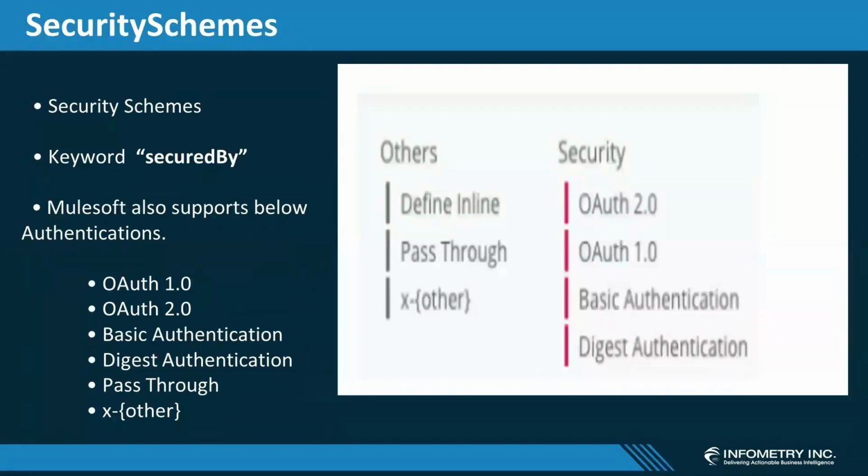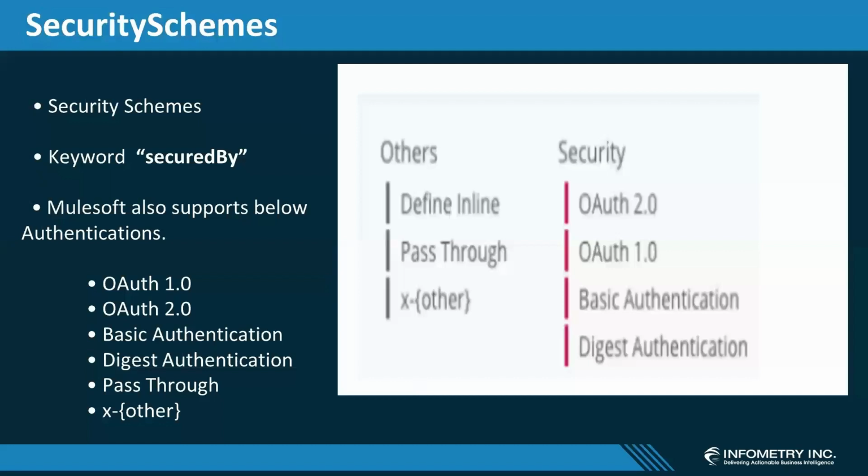Pass through requires headers or query params to pass through to the API based on a defined mapping. And x-other means custom: we can define our own custom authentication type in our RAML. These are all the authentication types supported in RAML.